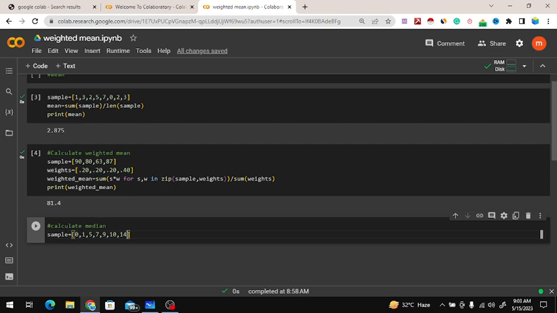So let's say 1, 2, 3, 4, 5, 6, 7. So 7 values, we can understand it's an odd count. Now let's define it here in Python with def median.